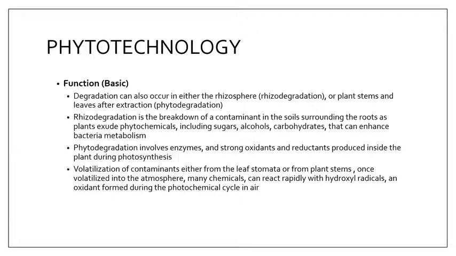Typically, when your plants volatilize your contaminants, the plants also tend to help form hydroxyl radicals. Okay, so the hydroxyl radicals produced near the plants react with the volatilized contaminants as they are released in the air. Okay?